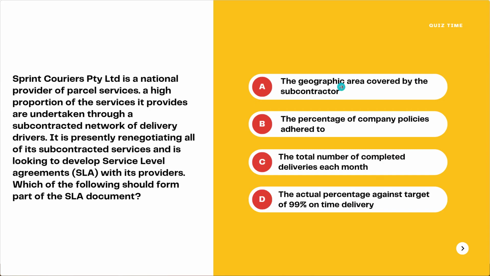Geographical area. Okay, so this could be part of the SLA because this is the definition of service. Service here is delivery, and with an SLA, we must have the definition of service. So geographic area could be part of that because it answers the question where.